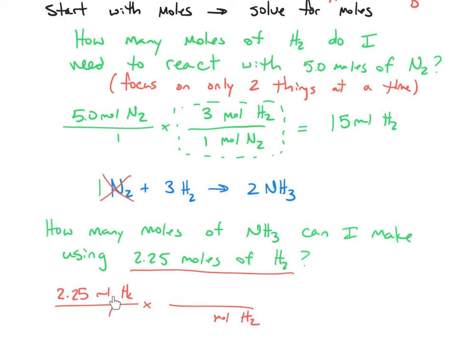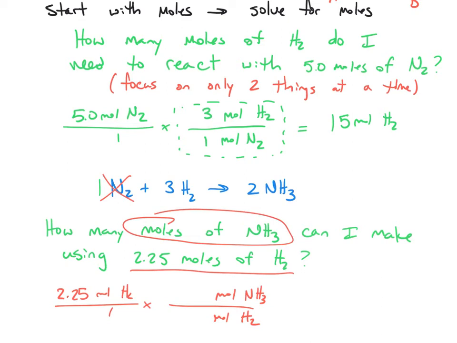Remember, the dimensional analysis says that the moles has to cancel the moles. Now in the top, I'm going to put moles of the NH3 because the question asks how many moles of NH3. As I'm developing my skills, if I'm starting this process, which many of you are doing for the first time, I would say that it is good practice to actually underline what you have in the problem and try and circle what you're trying to find.